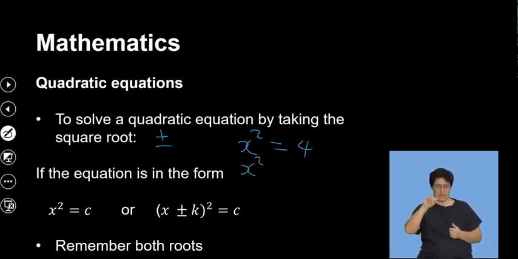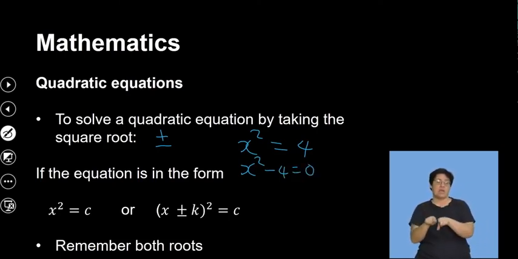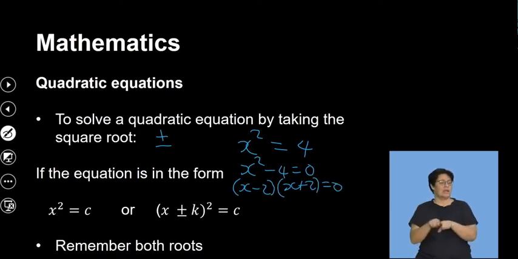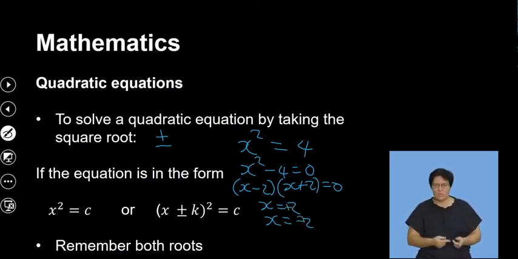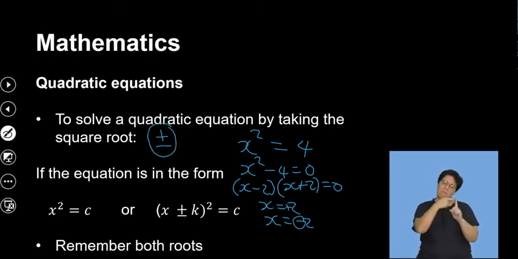This is x squared minus 4 equals 0. Difference of two squares, then I open two brackets: (x minus 2)(x plus 2) equals 0. Then you can see one x will be a positive 2, the other x will be a negative 2. What am I saying? There's a plus there, there's a minus there. Hence, it's always plus or minus.